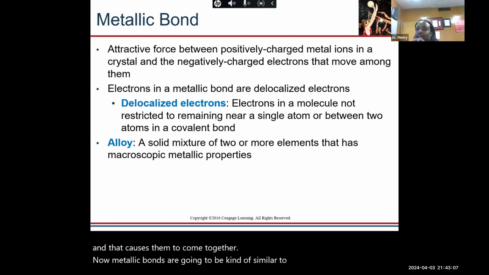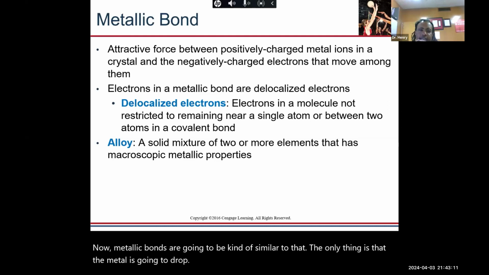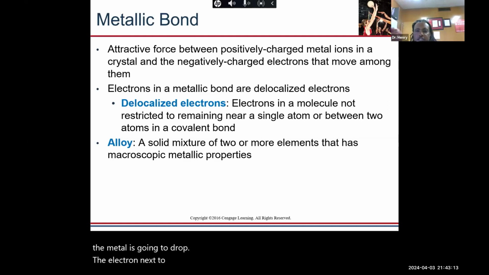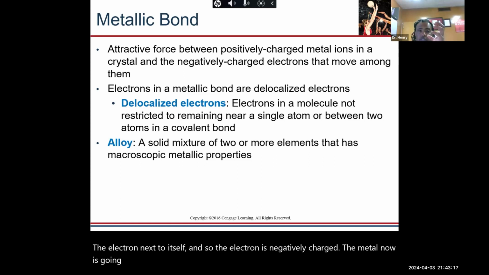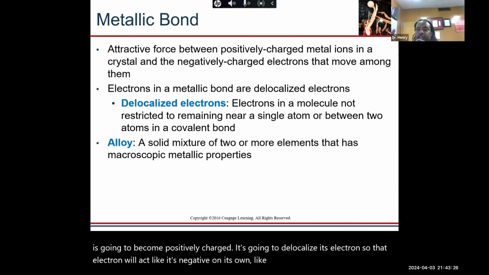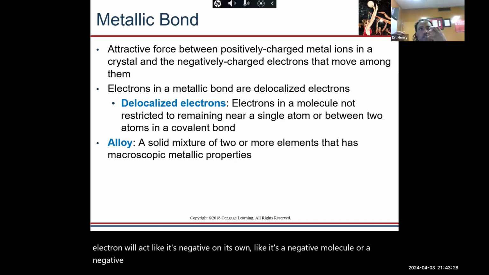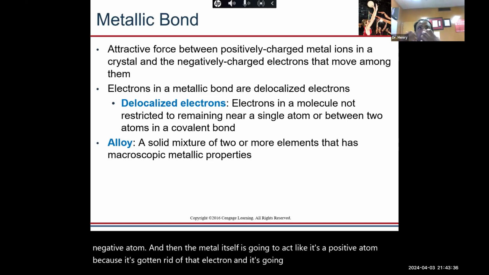The only thing is that the metal is going to drop the electron next to itself. The electron is negatively charged, and the metal now becomes positively charged. It's going to delocalize its electron so that electron will act like a negative atom on its own, and the metal itself will act like a positive atom because it's gotten rid of that electron. And it's going to interact and bond together because of that.